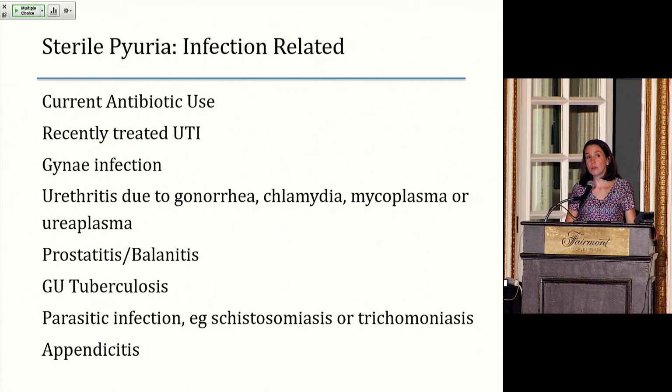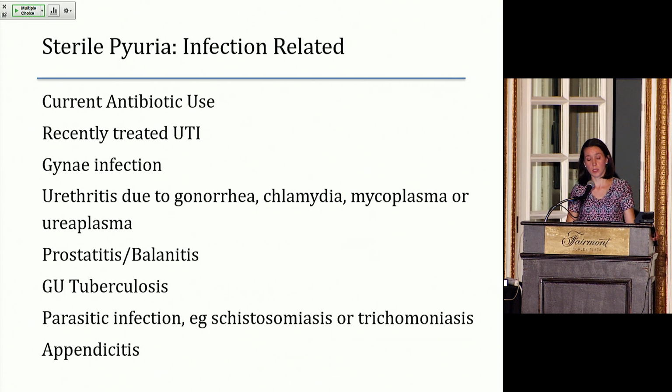What are the infection-related causes of sterile pyuria? It's a pretty long list, and we can run through. Those that are currently on antibiotics or have recently been treated for urinary tract infections, and gynecological infections, so urethritis from either fastidious organisms or sexually transmitted diseases, will not necessarily grow out, but you'll still see white cells in the urine.